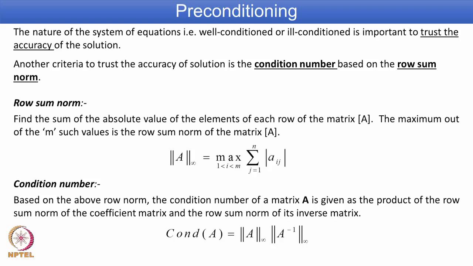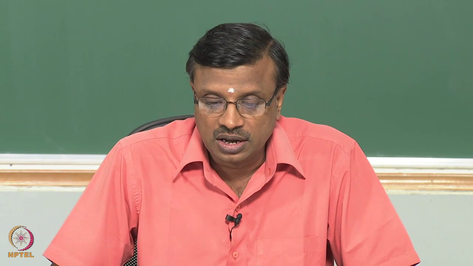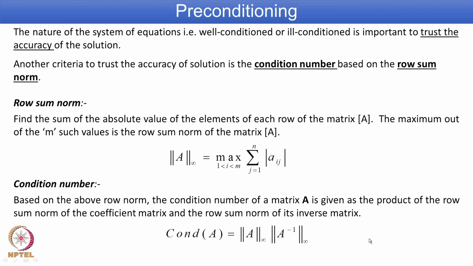From that RowSum norm, it is possible to define the condition number as the product of the RowSum norm of the coefficient matrix and the RowSum norm of its inverse. So, for the given matrix A, you have one RowSum norm. If you happen to find its inverse, that is A inverse, you have another RowSum norm for that inverse matrix, and you take the product of them, which results in what is known as the condition number.